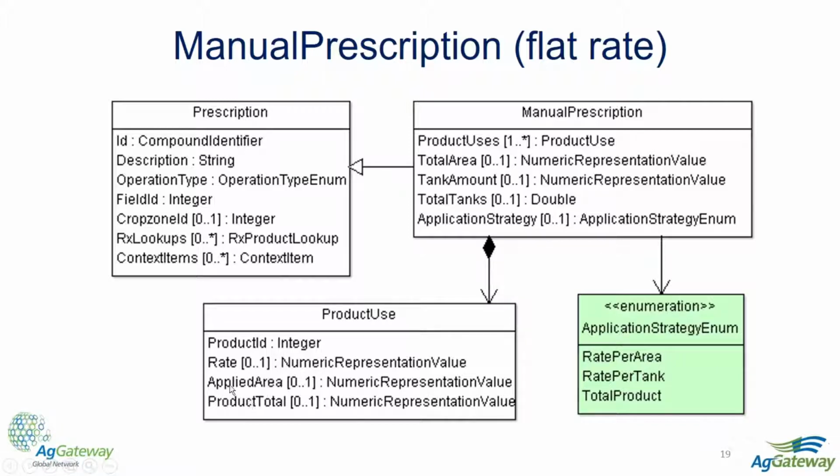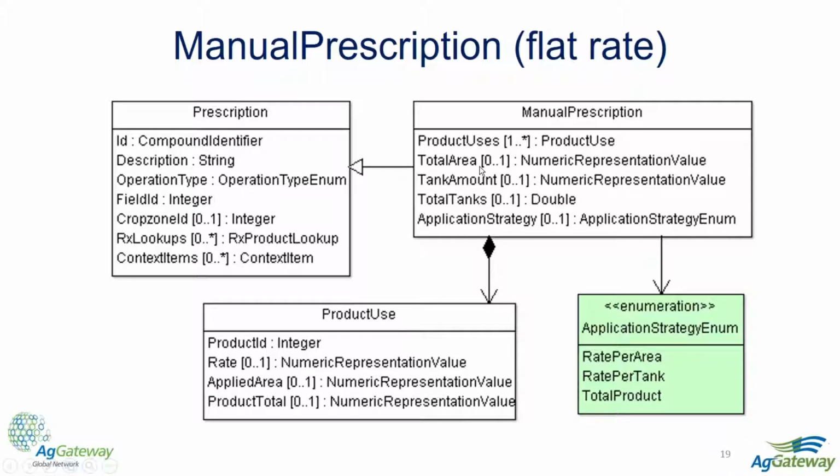So you need to specify at least two of these three so that we know how much of this product was used, which is very important for commercial purposes, for regulatory purposes, and so forth. A very important part of the grower's business process and a field operation is knowing how much was applied. So that's the product uses.